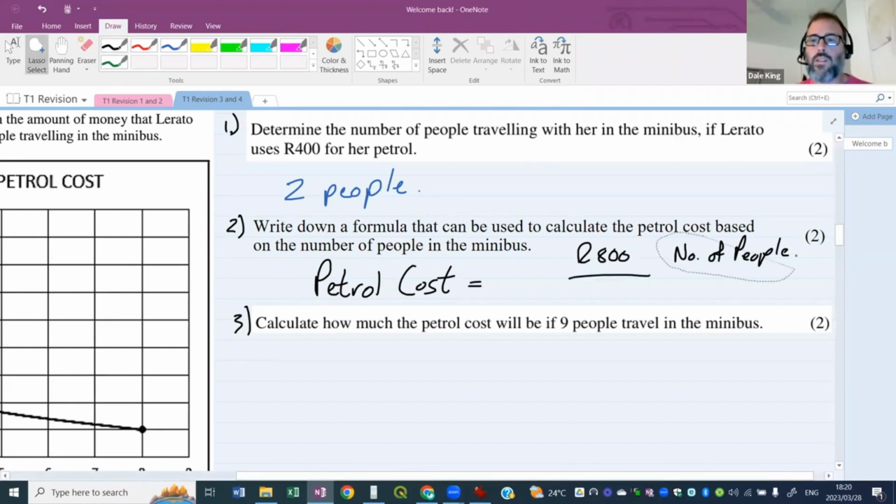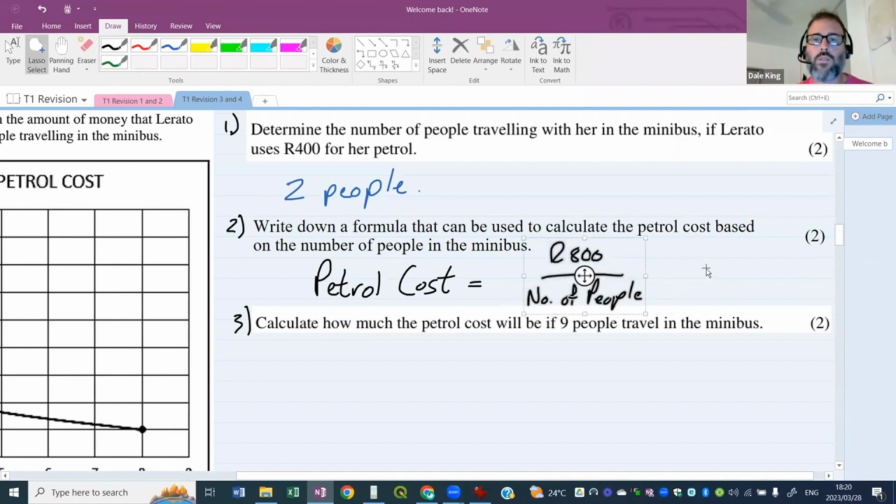All right. Now we're going to test this. Okay. So this is a formula that we can use. Now let's test the formula to see if it works. Okay. So let's say that we have, like question 1 says, 2 people. All right, so we change the number of people here. I'll put this back up. But if we change the number of people to 2, then the petrol cost will be 800 divided by 2, which is 400.